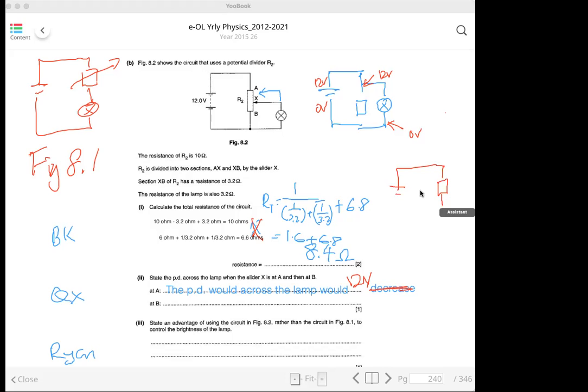So you have the resistor here. You join to the bulb. Okay, so you know your battery is 12 volt on top, 0 volt below. So at this point is 12 volt. At this point is 0 volt. This 0 volt covers a lot of places. Let me highlight to you all where this 0 volt joins to. Okay, let me show you all the highlighter.